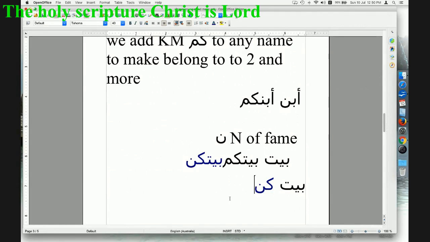So now if I want to write bait and make it for females, I will say beitakun. Sometimes writing here is difficult because those computers are not meant for Arabic. I think I need to change the default of the language. Beitakun. Your house, for females.